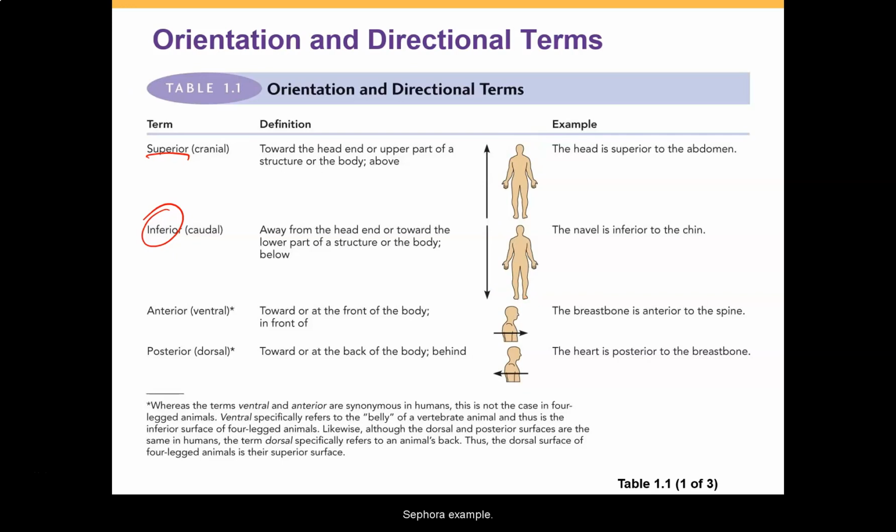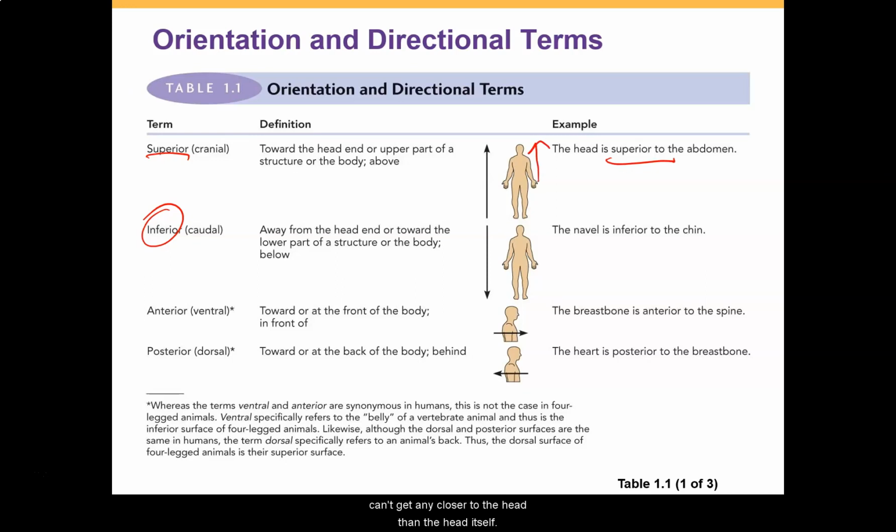So for example, if we examine the head versus the abdomen is down here. Where is the head in respect to the abdomen? Well, generically we would say the head is above the abdomen. But if you want to put that in anatomical terminology, you would say the head is superior to the abdomen. In other words, the head is closer to the head.